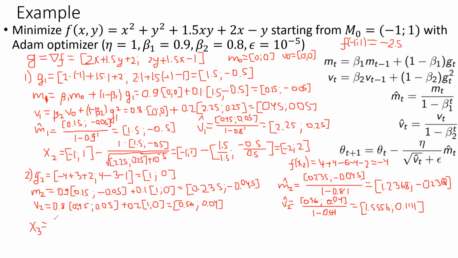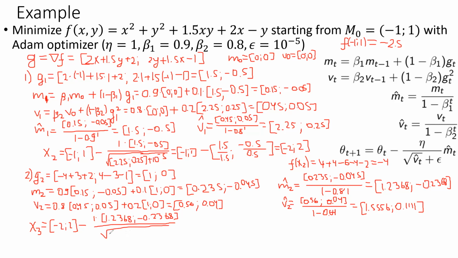x3 will be the previous x, minus 2, minus 1 times m hat divided by square root of v hat plus epsilon.